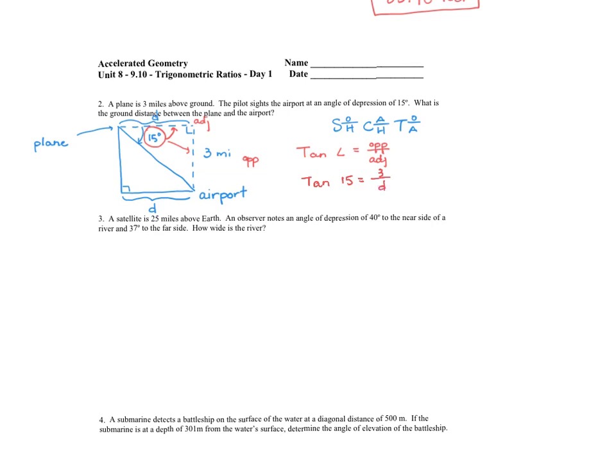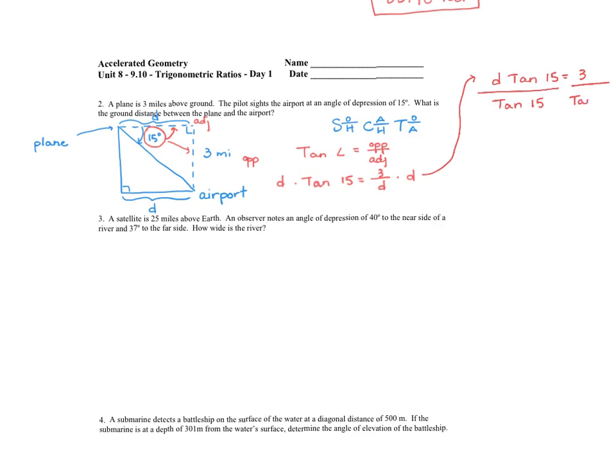I need to get that d out of the denominator, so I'll multiply both sides by d. I'll move up here just to give myself some more room. So I have d tangent 15 is equal to 3. And if I want d by itself, I'll divide by tangent 15, which remember is just a number.